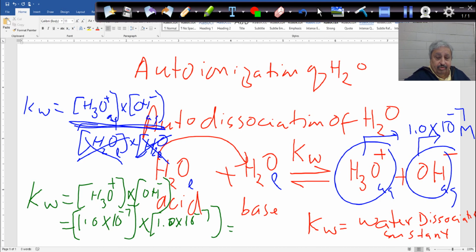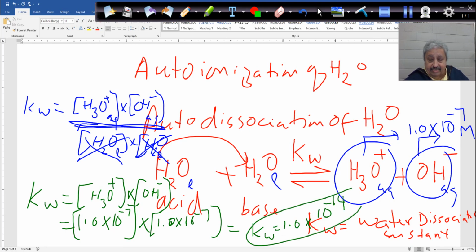And the Kw will be what? 1.0 times 10 to the minus 14. This is the value of Kw. I'll stop here, and then we'll come to look at the titration. So this is the constant of H2O, 1.0 times 10 to the minus 14.